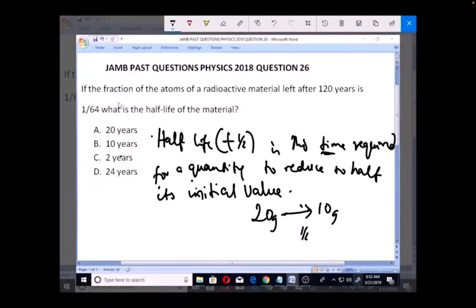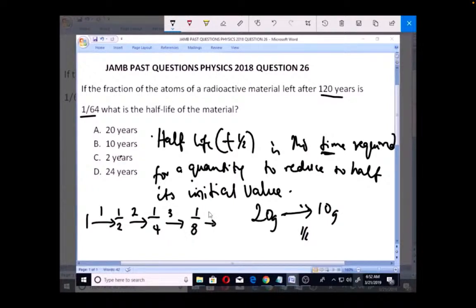So now, how do we solve this given the number of years taken and the fraction of the atom remaining after these years? We need to note the movement from the first movement to half. If you're halving again, you're going to have 1 over 4, which is the second movement. Halving again, for the third movement, you have 1 over 8.